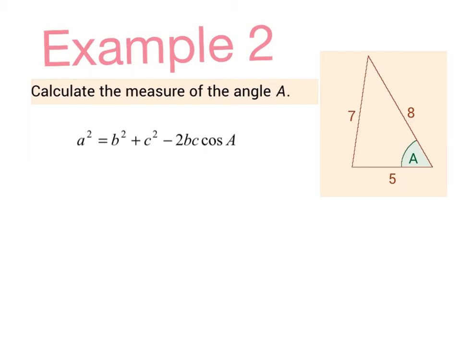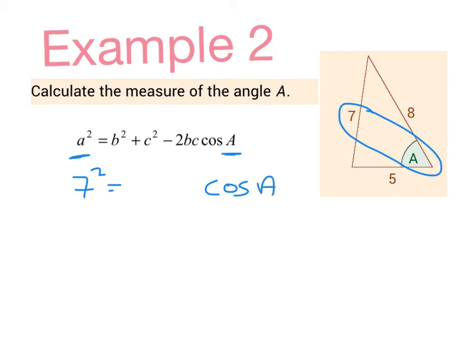Okay, so we use the A's really to find our pair and what we're looking for. So this is, I suppose, important. So we have our side, which is going to be 7 squared equals, and then cos of that angle, which we don't know, so we're going to call it cos of A. All right, so again, the B's and C's doesn't matter. Once we have everything else right, this will work out fine.